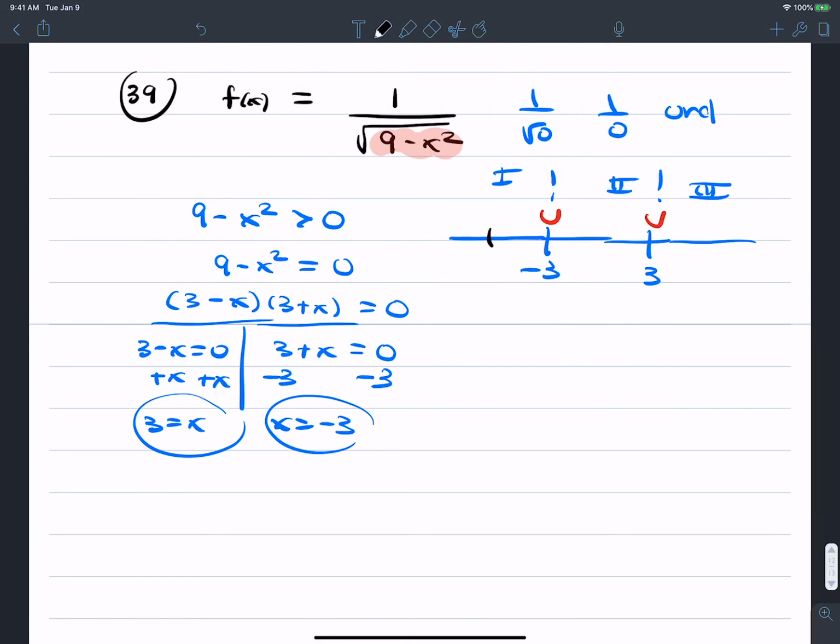Test points. Any number to the left of negative 3, like negative 5 or negative 4. Zero is between negative 3 and positive 3, it's available. Positive 4 is to the right of 3, so I have some test points. And again, I always use the factored form. 3 minus x, 3 plus x. I always use this factored version here.